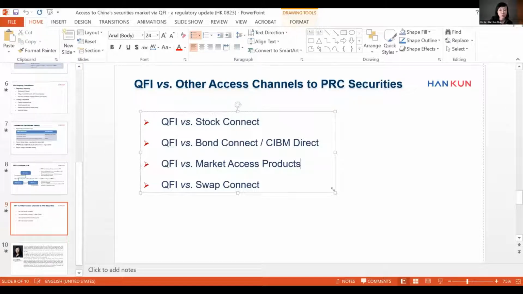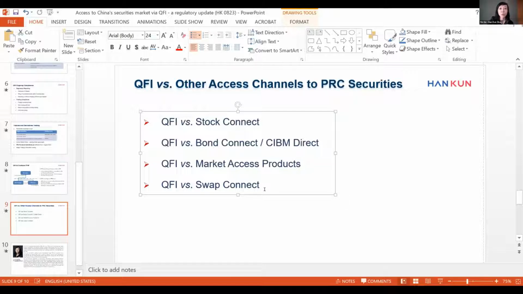They don't have ownership of the A shares, not as a registered owner, etc. And there will be some additional costs involved. Another point is that, from a PRC regulatory perspective, market access products are always not encouraged by the PRC regulators, including CSRC and SAFE, because the regulators would encourage all foreign investors to have their own license or use other legitimate access channels to gain their A shares interest.